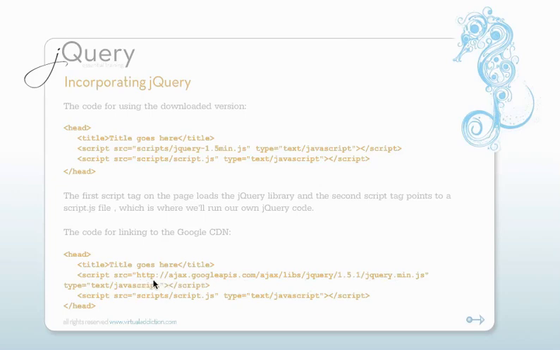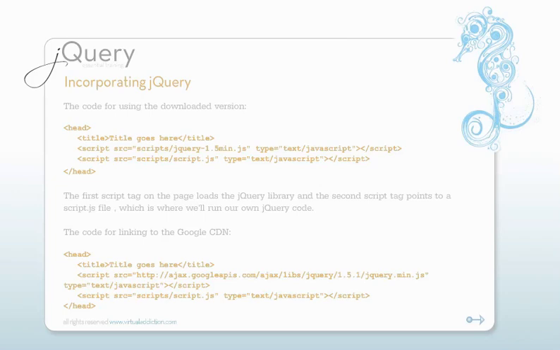So the address is http://ajax.googleapis.com/ajax/libs/jQuery/1.5.1, which is the current version, /jQuery.min.js. And then the rest of the script is exactly the same. The jQuery file would now be pulled from Google instead of from your own server.